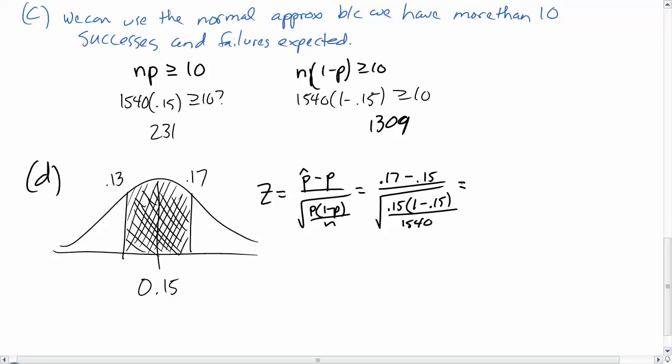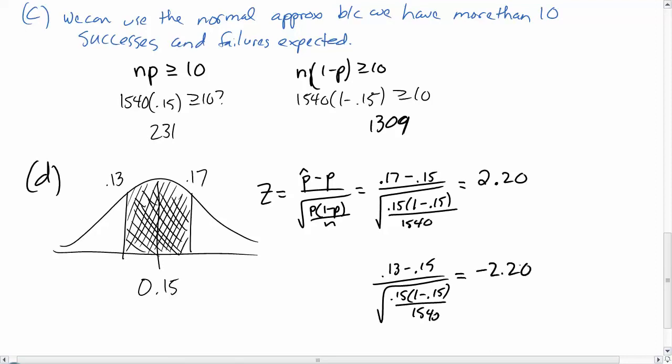Double check what you get. The z-score is around 2.198, or 2.20. For the lower one, 0.13 minus 0.15 over the same denominator gives you negative 2.20.